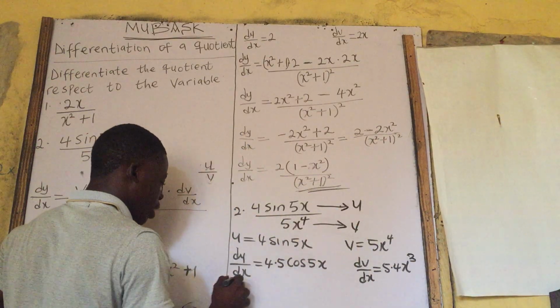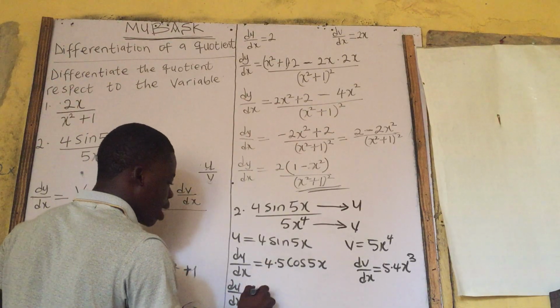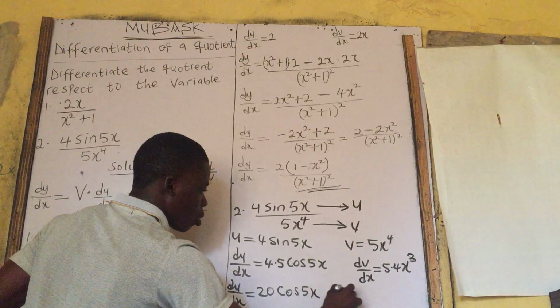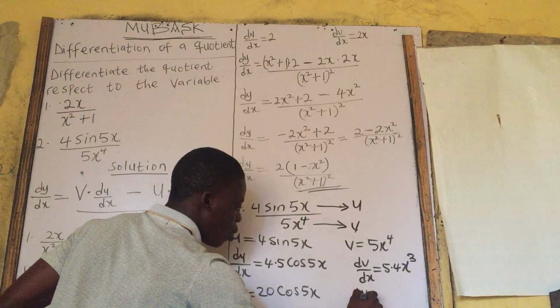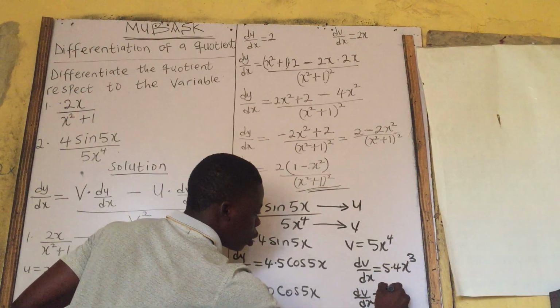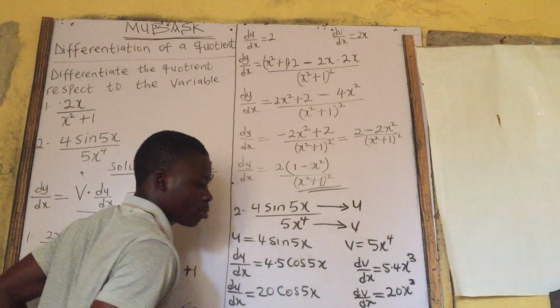Now, du over dx is 4 times 5 is 20 cos 5x, while dv over dx is 5 times 4 is 20x raised to power 3.